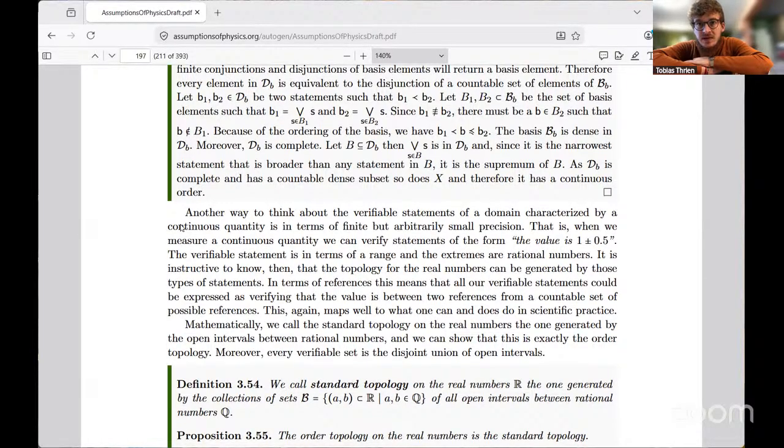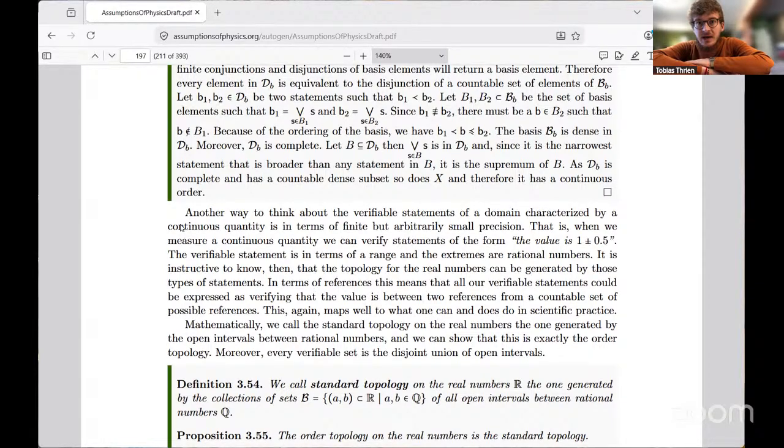It is instructive to know then that the topology for the real numbers can be generated by those types of statements. In terms of references, this means that all our verifiable statements could be expressed as verifying that the value is between two references from a countable set of possible references.